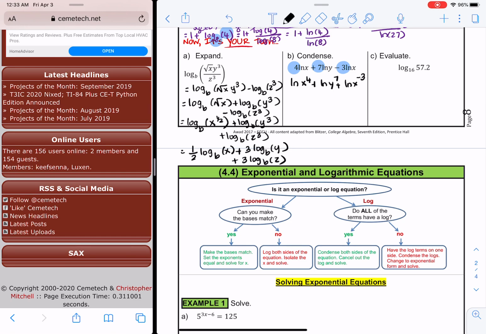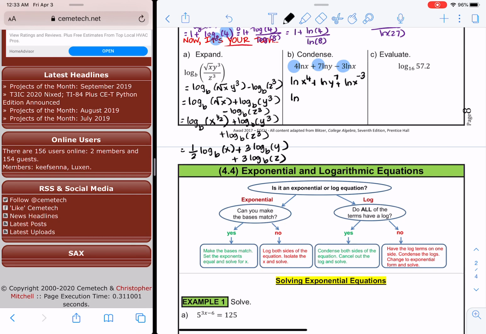So since all of them are in product, I could write it as ln x raised to 4, y raised to 7, x raised to negative 3. I could write x raised to negative 3 as 1 over x raised to 3, and that term could be simplified when combined, so we have ln x times y raised to 7.